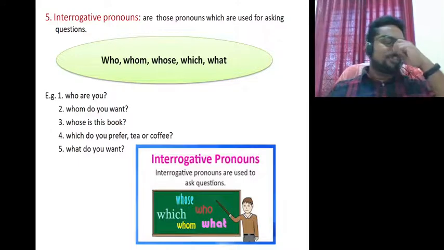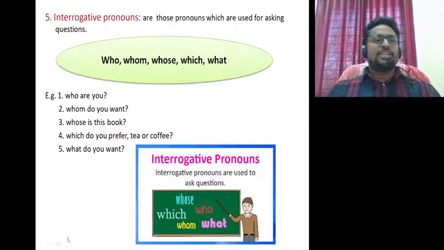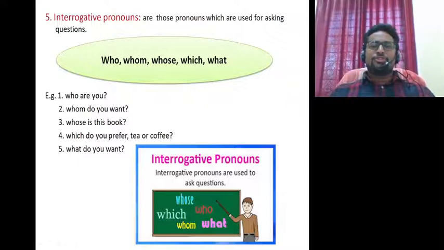That's why we call them interrogative pronouns. Interrogative pronouns are those pronouns which are used for asking questions. What are they? Whom, who, whose, which, and what. These are all called the interrogative pronouns.